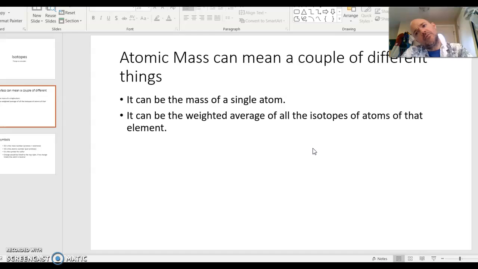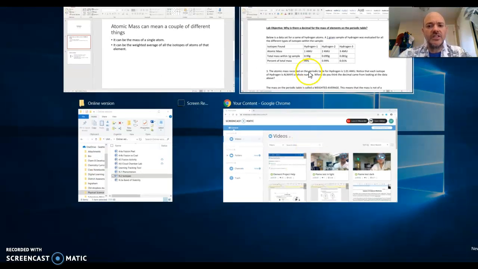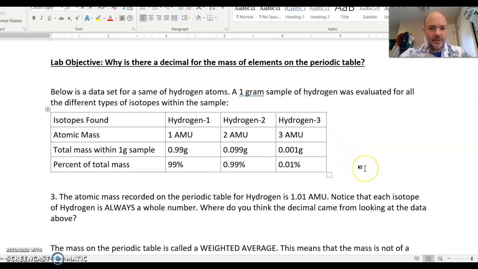The other thing we can mean by atomic mass is the weighted average of all the isotopes of atoms of that element. So the number we see on the periodic table is an average of all of the different atomic masses that an atom can have. So let's take a look at this for a second. When we talk about hydrogen, we might talk about how hydrogen has a mass of 1, or a mass of 2, or a mass of 3.